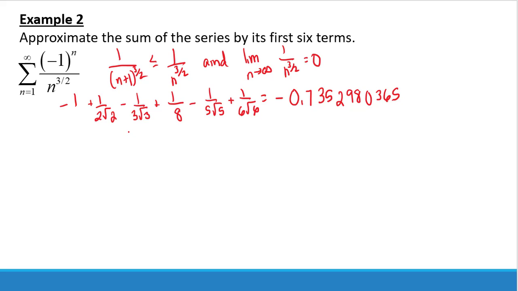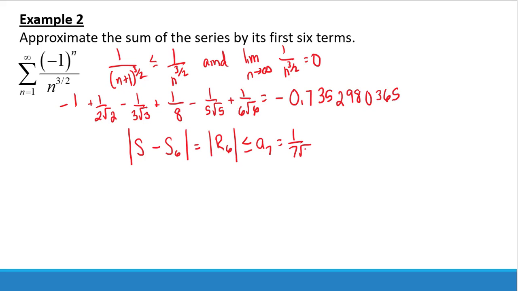Okay, so what that means is the actual sum of this series minus the sum of these 6 terms is going to equal what my remainder is, what I have left over, and that kind of makes sense, and that's less than or equal to my 7th term, which is 1 over 7 root 7, I should say.